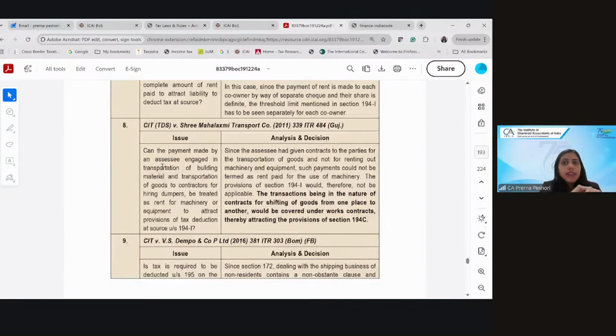So here, same as the case of the transport and the truck owners that we had seen earlier.